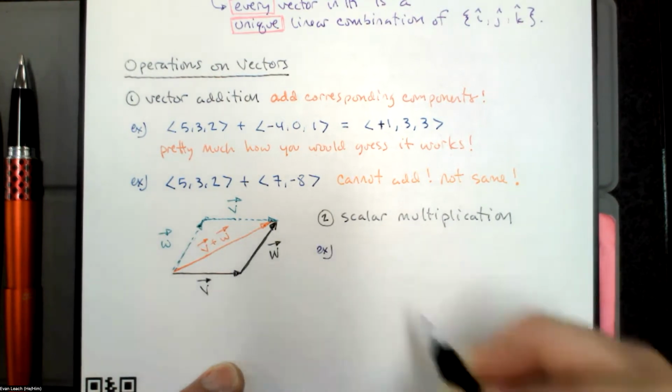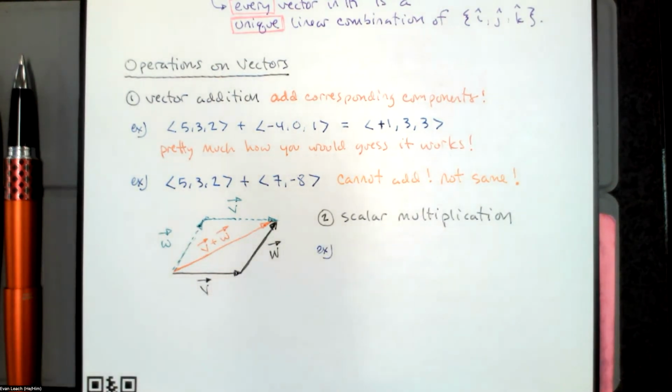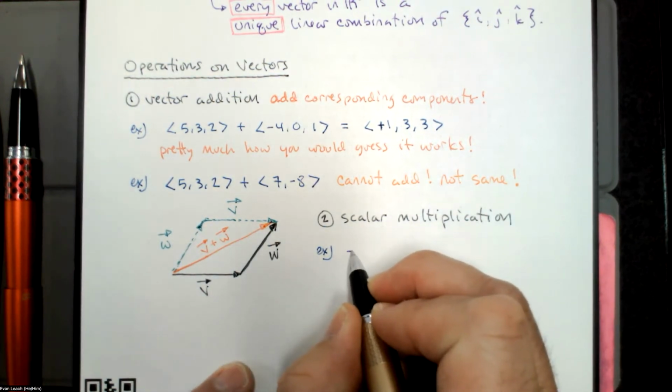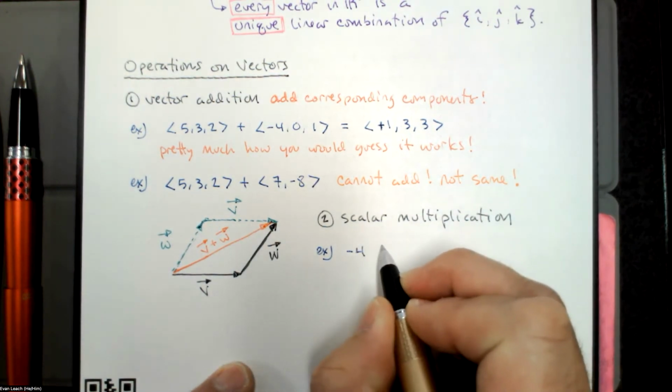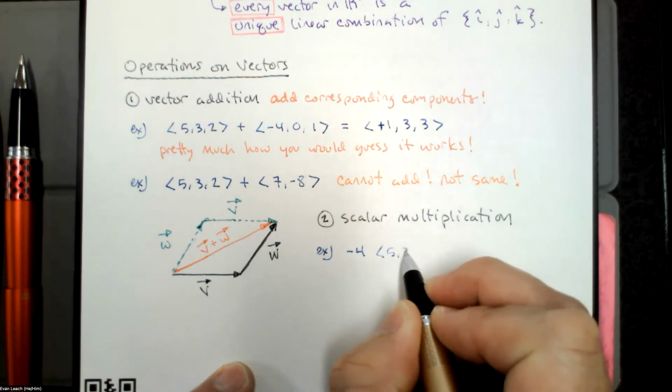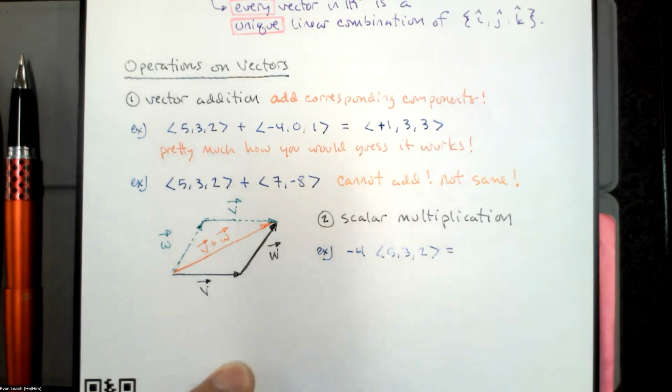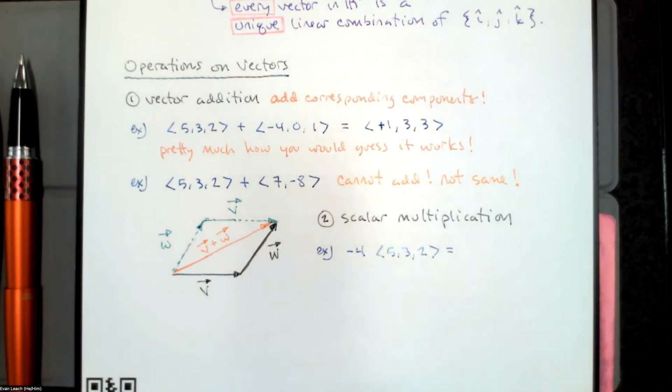Scalar multiplication means we're going to take a vector and multiply it by a scalar. So I'll take -4 times 5, 3, 2. So what I've got is a scalar, -4, times a vector. What we're talking about here is scalar times vector.